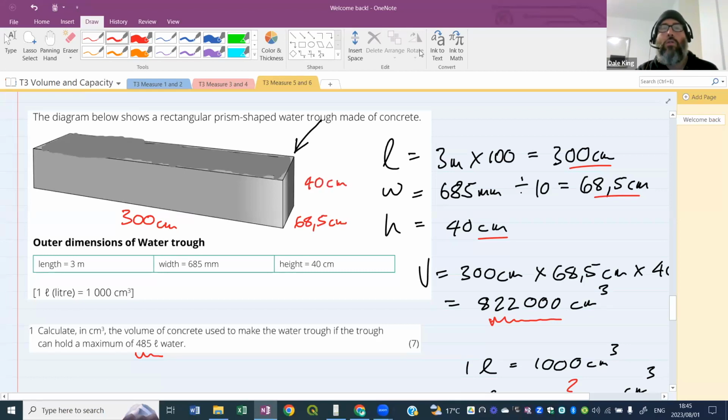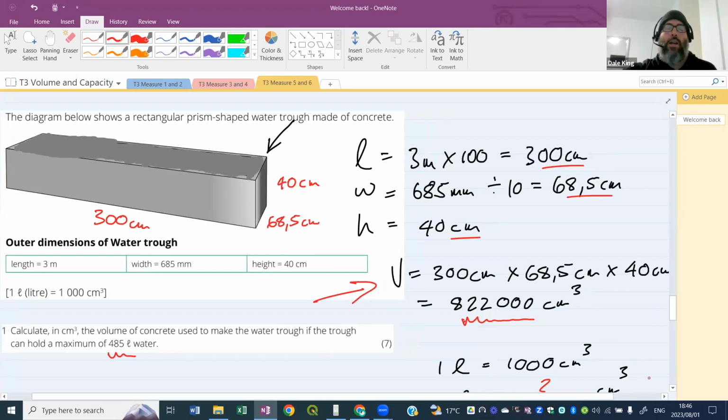Now, if I asked you, determine the volume of this concrete block, you would all go to this formula. You'd pull out the volume formula. Volume is equal to length times breadth times height. You'd sub in all the centimeter values, and you would give me an answer of 822,000 centimeters cubed. That is the volume of this rectangular prism, this concrete block. Okay. You would all be able to do that.